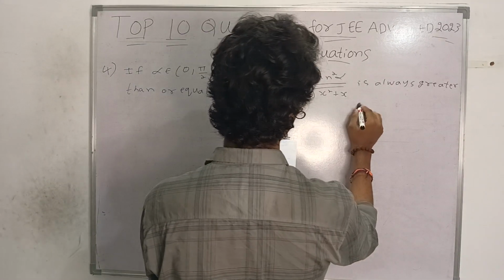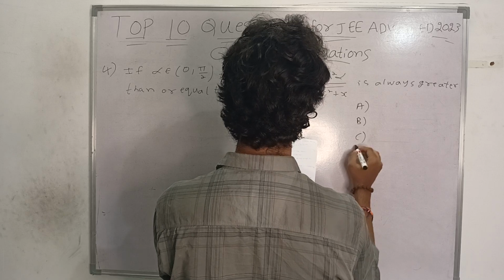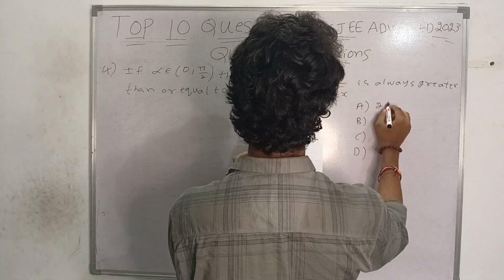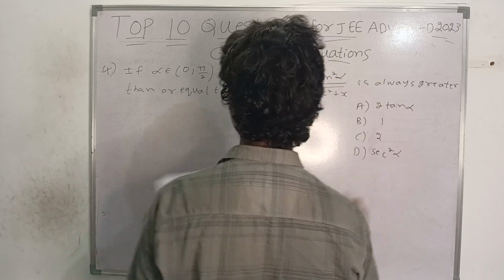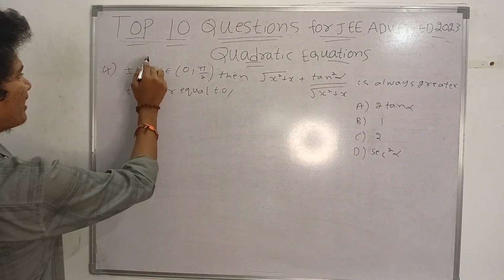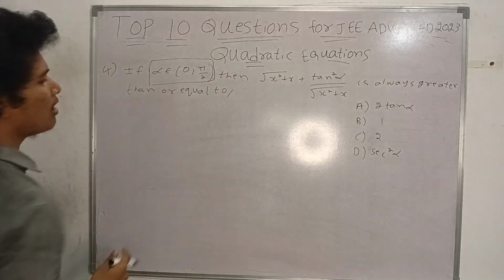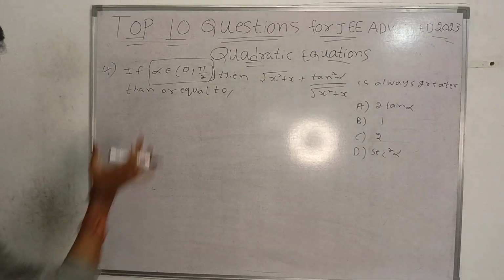They are asking this and they gave options A, B, C, D: here it is 2 tan alpha, it is 1, it is 2, here it is secant square alpha. They gave the range for alpha: alpha can vary from 0 to pi by 2, and it is open.